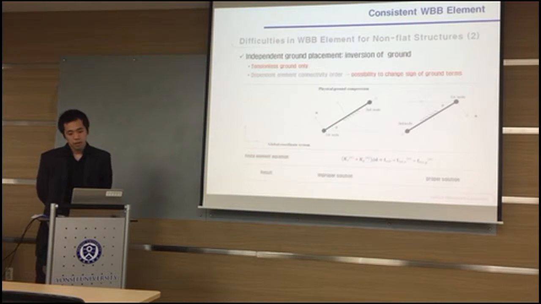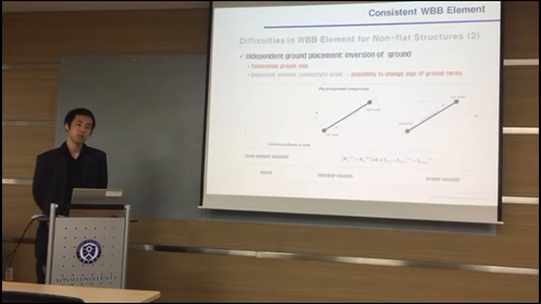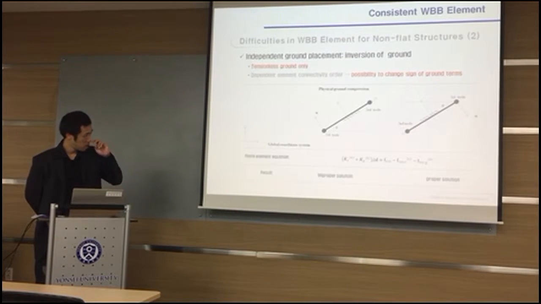The second difficulty is due to ground placement, which is independent of the element coordinate system. And this becomes a problem when the ground is defined as a tensionless model. Due to independent ground placement, downward displacement can be compressional direction or tensile direction.